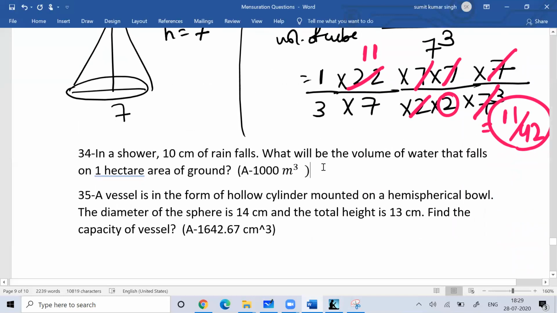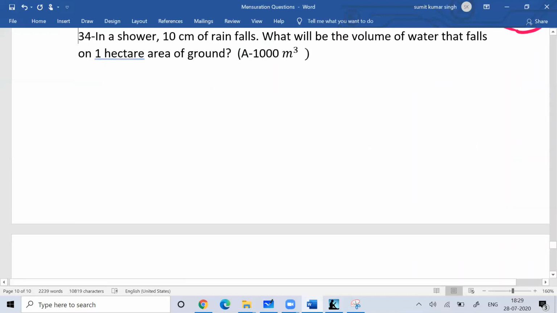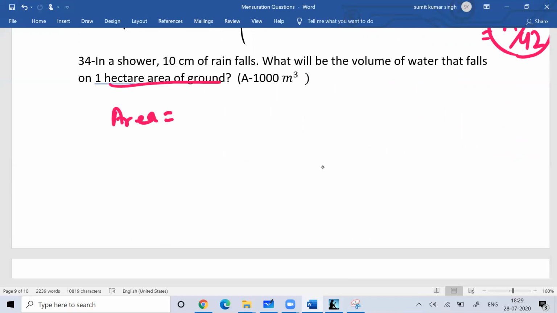Now the next question. In a shower, 10 centimeter of rain falls. So what would be the volume of water that falls on 1 hectare area of land? So the area is 1 hectare. 1 hectare is equal to 10,000 meters square.